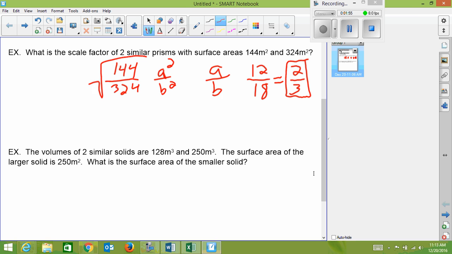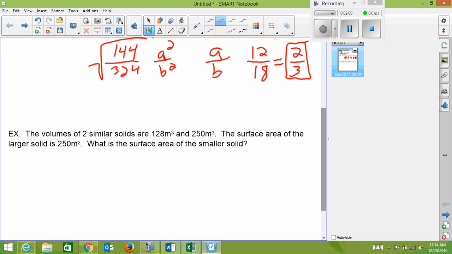Well, I have a problem here because I'm given the volumes and I don't have the scale factor. So the first thing I need to do is figure out the scale factor. So 128 over 250, keeping in mind that that is a cubed to b cubed.